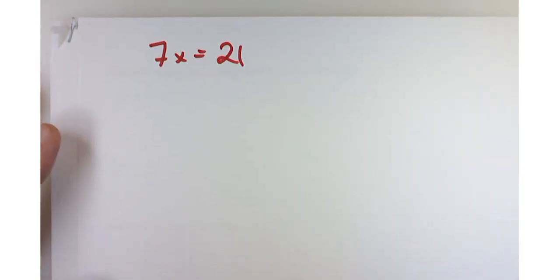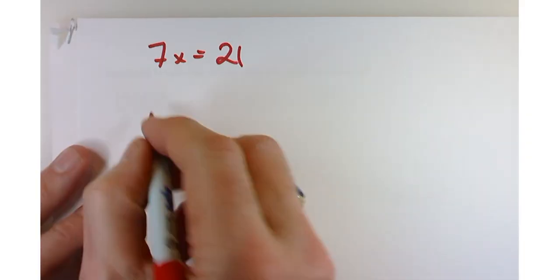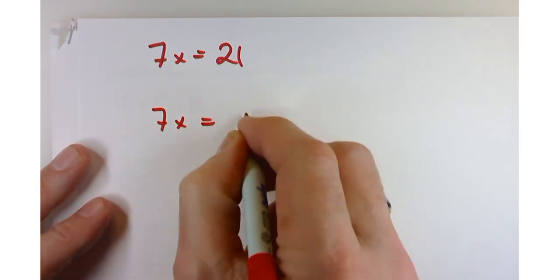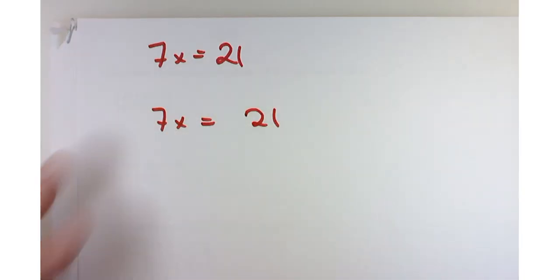You've already solved this in your mind. x equals 3. But what I want you to keep in mind is what you're actually doing to solve this. You've got to get rid of that 7. Now, a lot of you probably said, all right, we'll divide by 7, and that's fine. Nothing wrong with that. But let me let you think of it a different way.